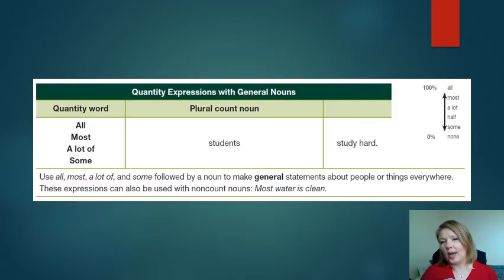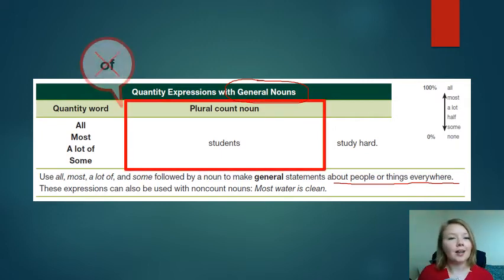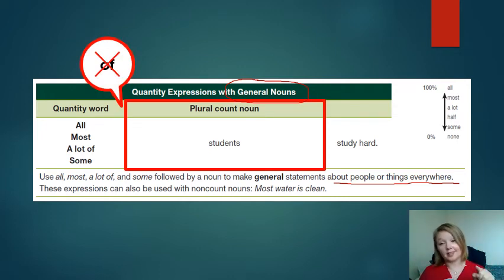The other way we can use quantity expressions is with general nouns. So this means that it's about people or things everywhere, not my specific situation. It's about people or things everywhere. And in this case, we do not use of because we're talking about, in this case, all students.